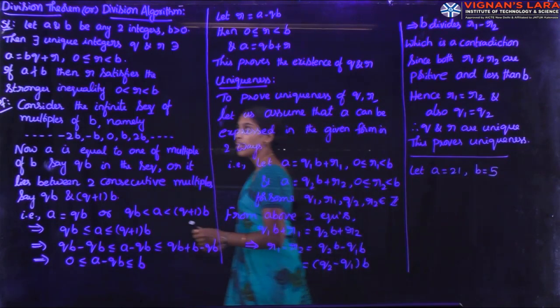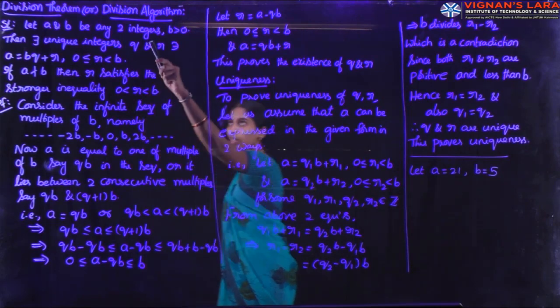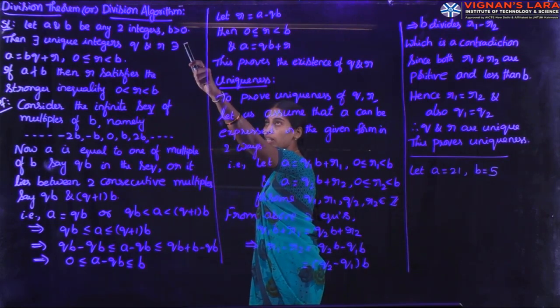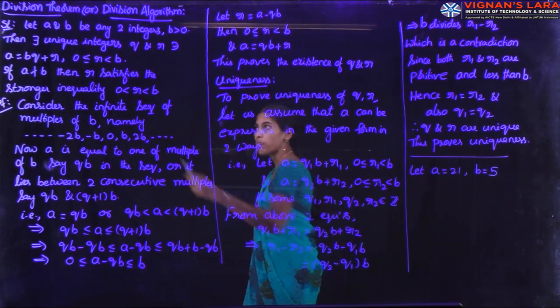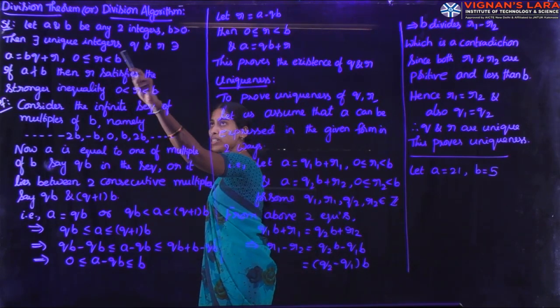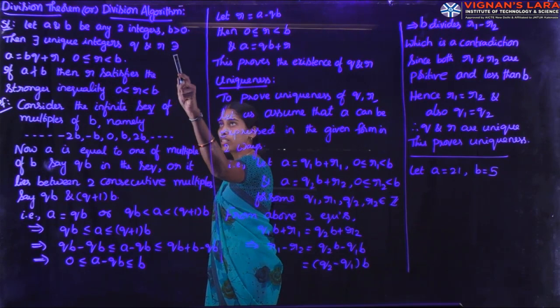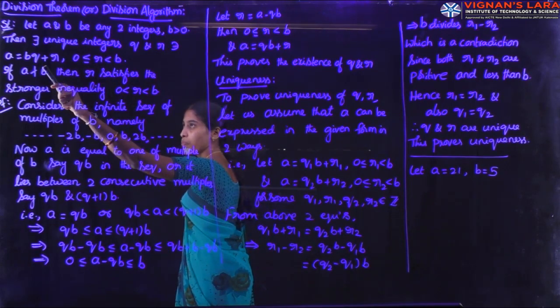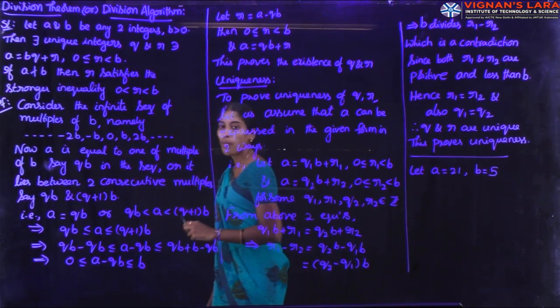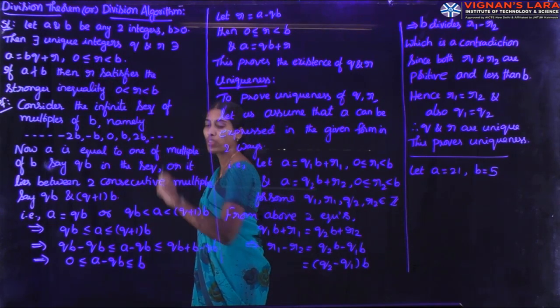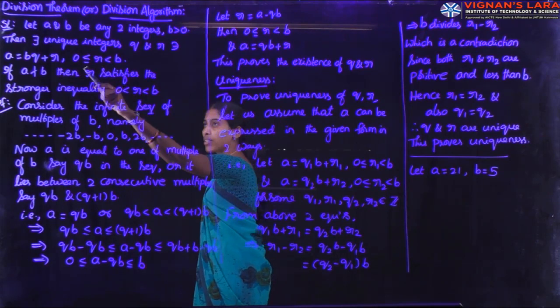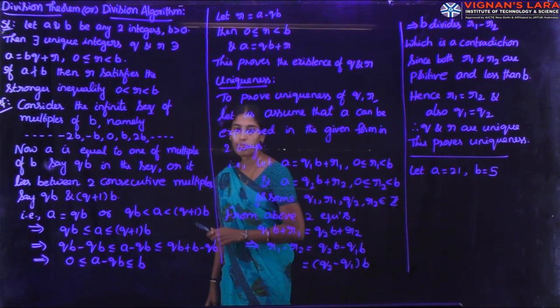Now, see here, let A and B be any two integers and B is a positive integer, meaning B greater than 0. There exist unique integers Q and R such that A can be expressed as BQ plus R, where R lies between 0 and B. Otherwise, R is equal to 0, right?